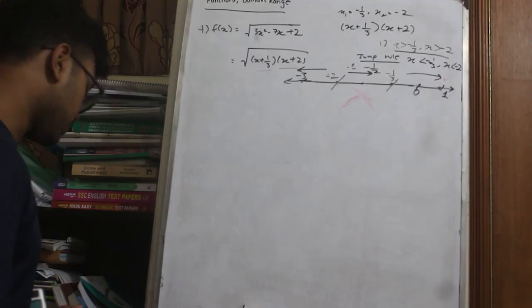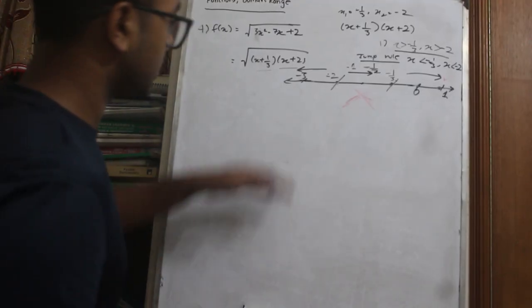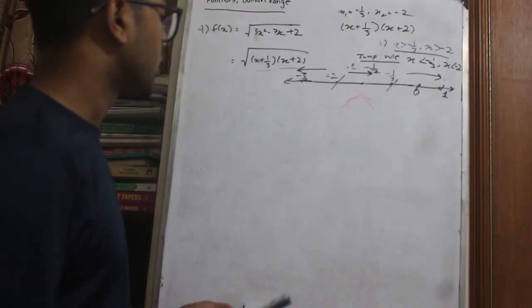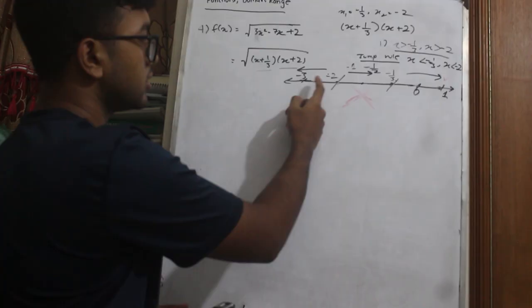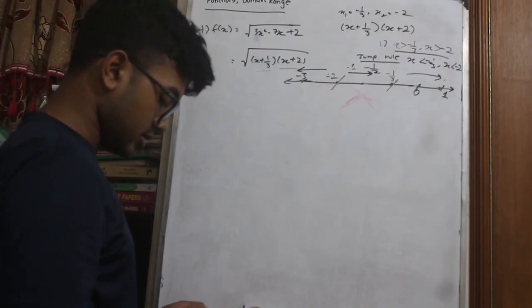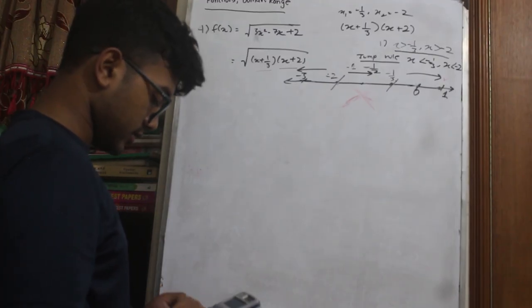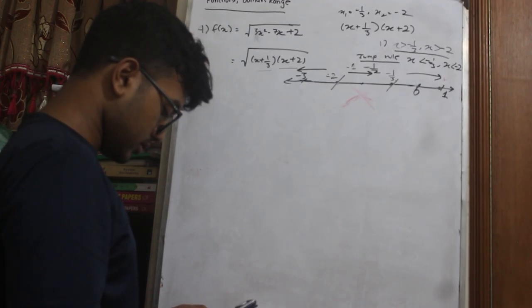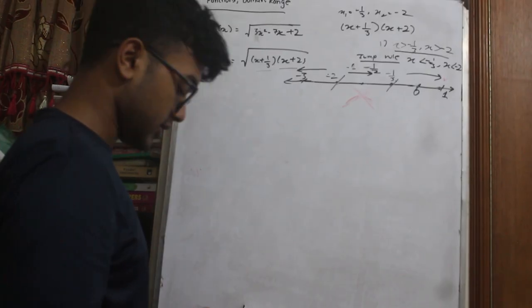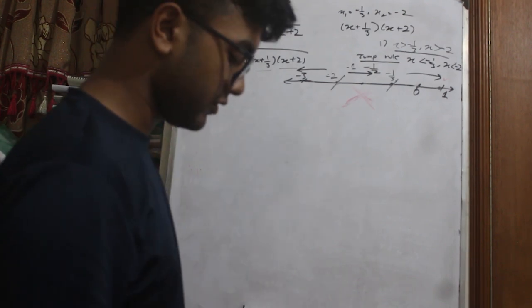So again, we try out our third division, which is the numbers that are smaller than minus 2. Let's put minus 3 as an example value in it.